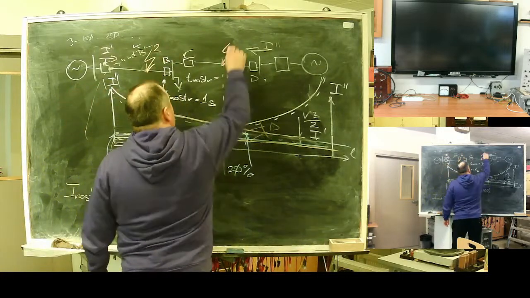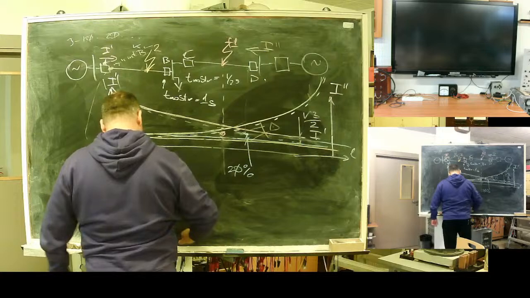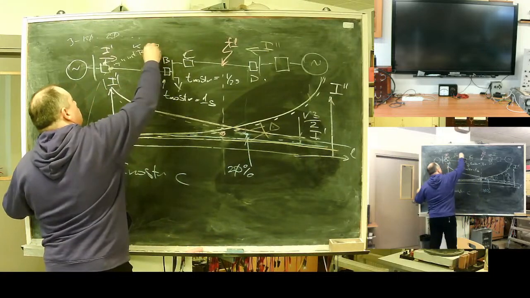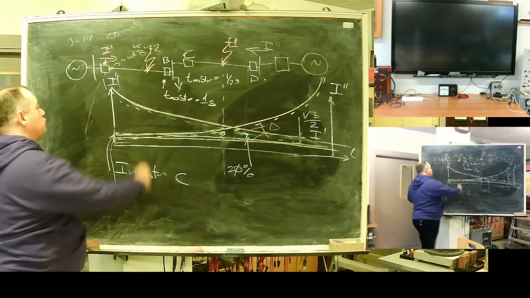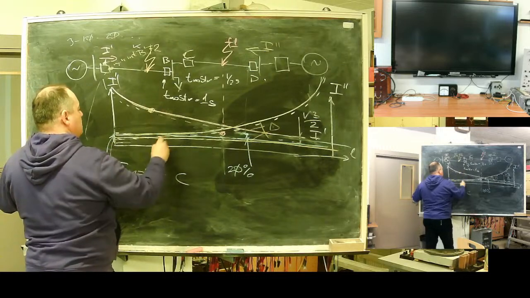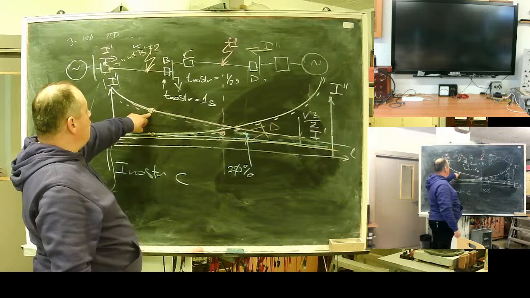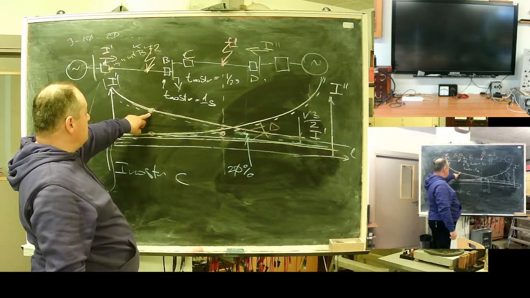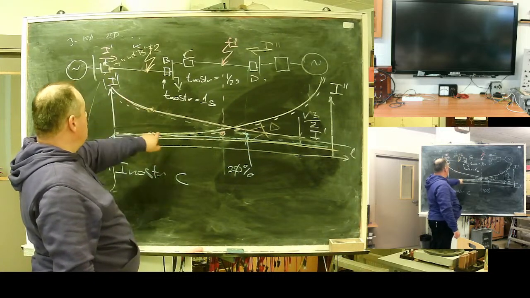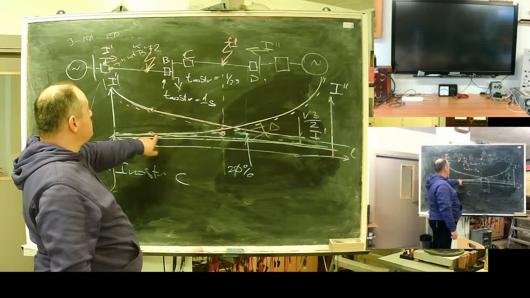This was fault 1, and I'm drawing the fault 2. What will happen in case of fault 2? This is the current for this one. We need to look at this one.